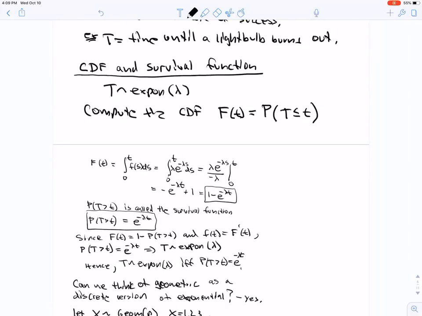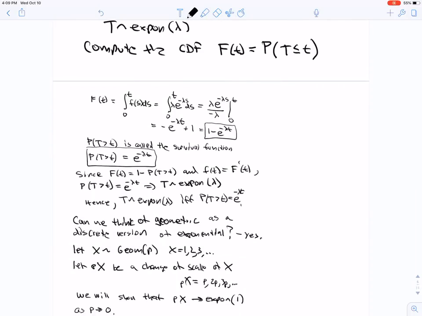So we can look at the CDF and survival function for exponential. When t is exponential, you can compute the CDF and see that it's 1 minus e to the minus lambda t. We write P of t greater than little t. It's called the survival function because it means that success hasn't happened or death hasn't happened before time t, so you've survived.